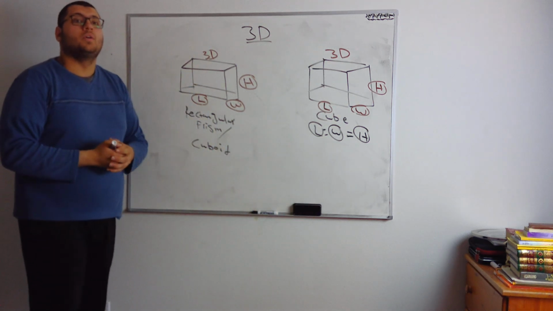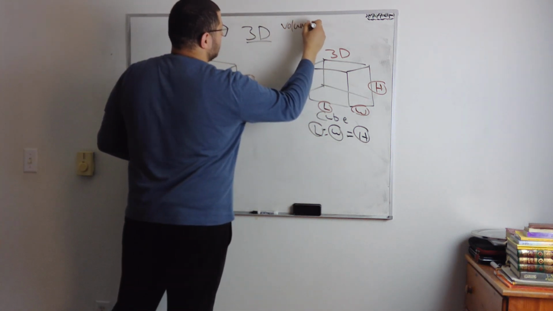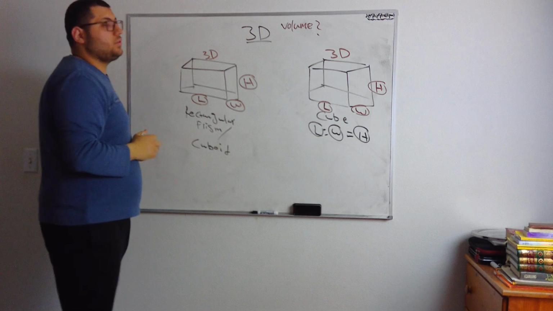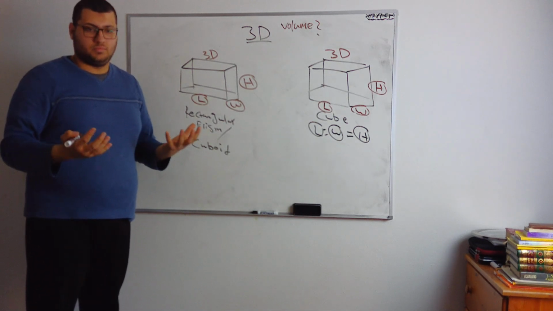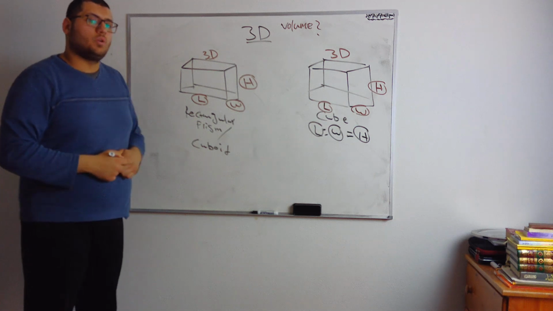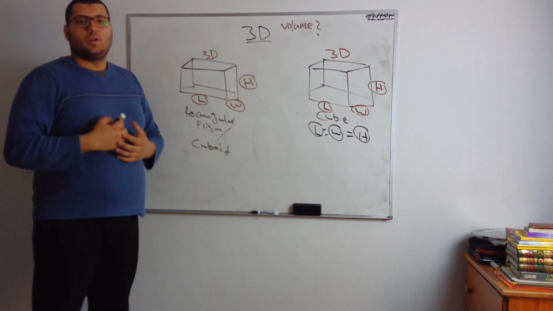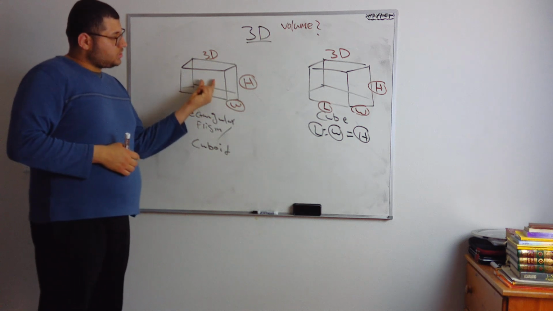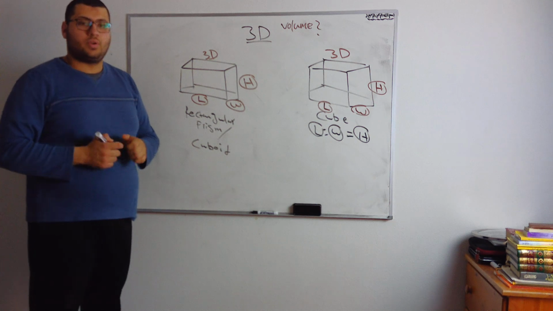What is the volume now? What is the definition of the word volume? Volume is how much a 3D shape can hold, how much an object can hold. A 3D shape is just an object. A book is a 3D shape. A box is a 3D shape. All kinds of objects that look like that are called 3D shapes.